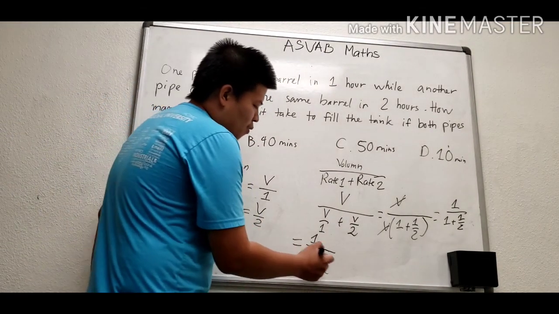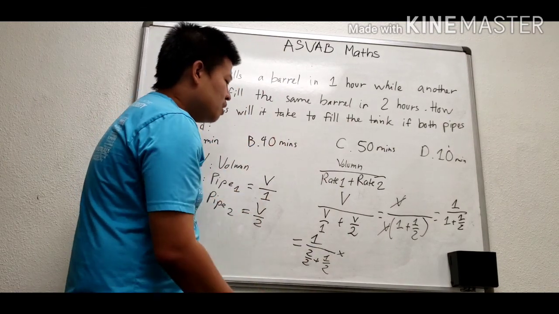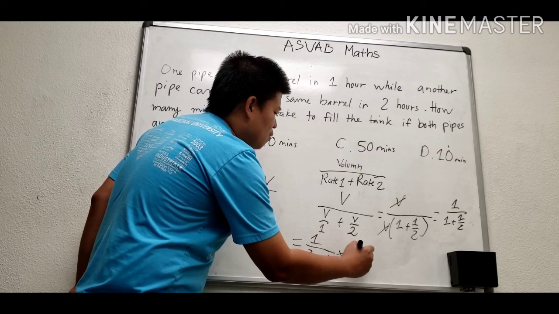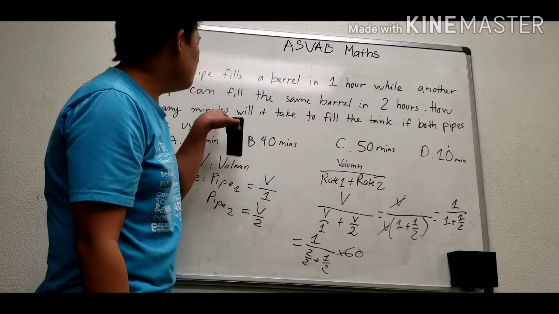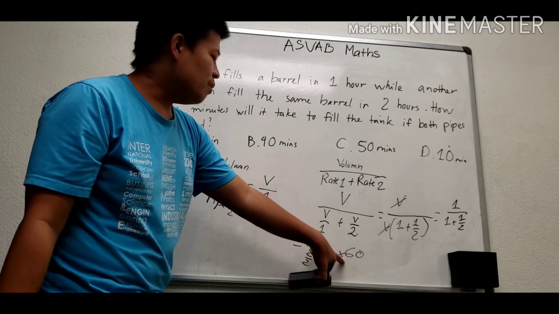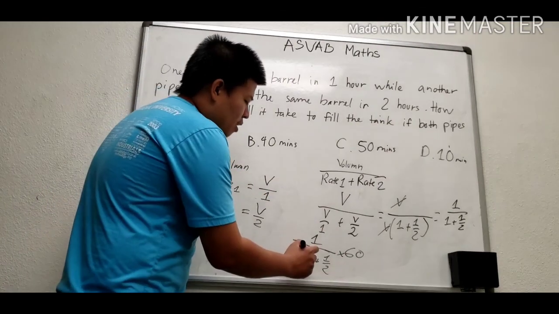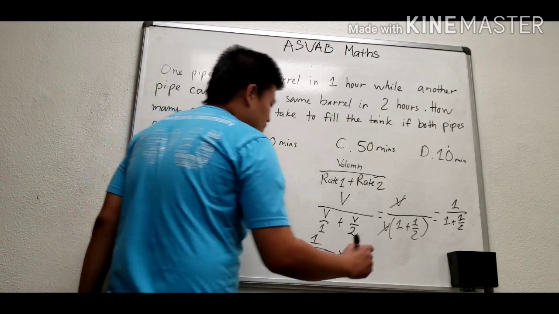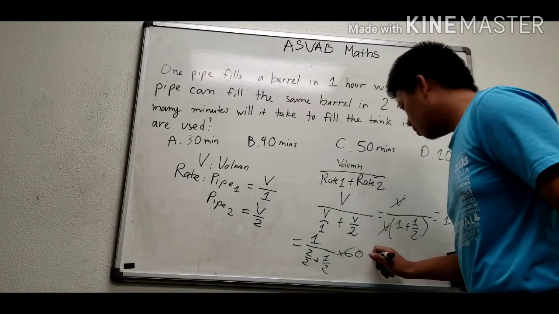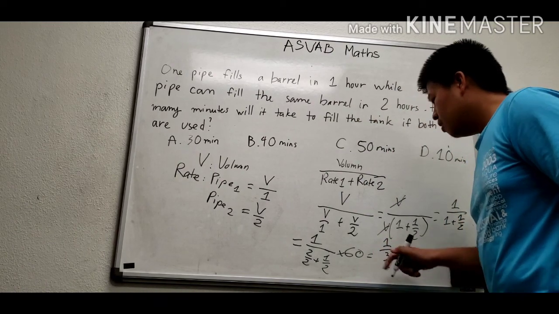And we got about 1 hour equal to 60 minutes. So we put 60 in here because they asked about the minutes. So we multiply with 60 and we got about 2 plus 1 is about 3/2.